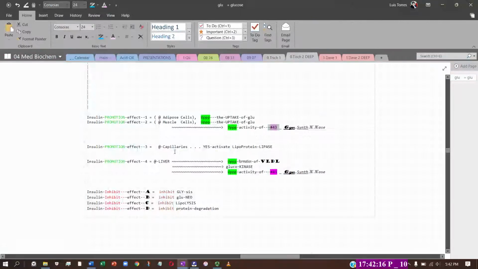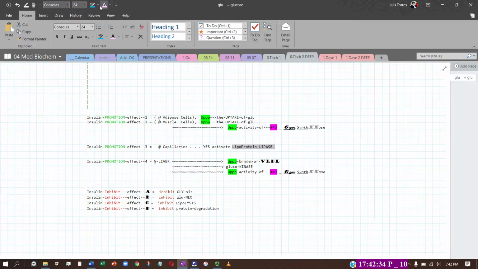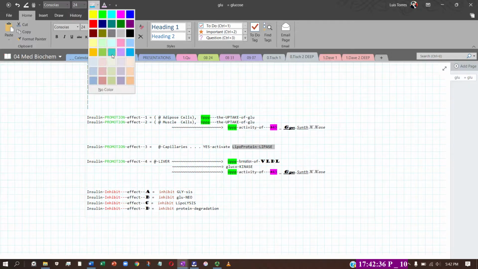Okay. So moving on then to the third effect of insulin promotion: at the capillaries, you activate this other enzyme called lipoprotein lipase. There weren't that many details for that, so we'll just be moving on.